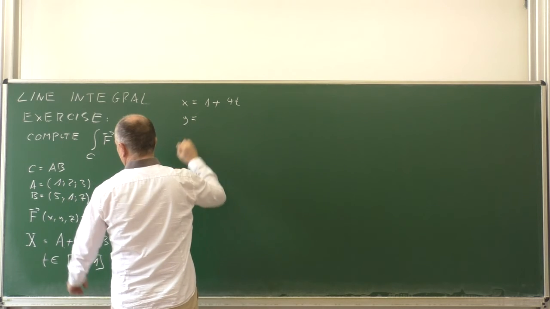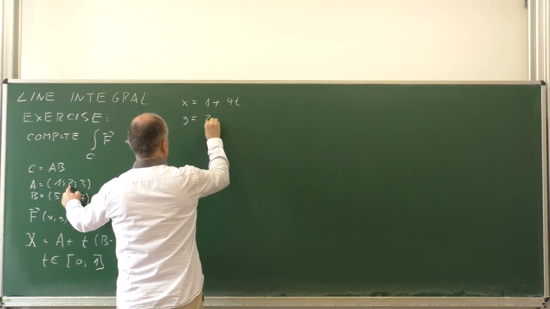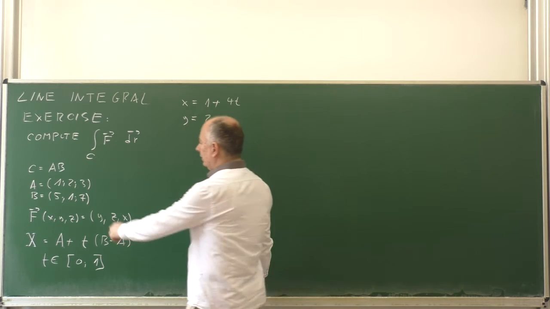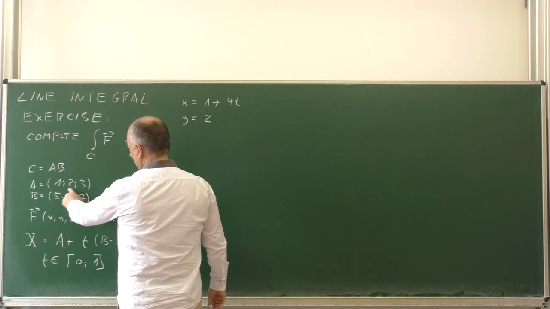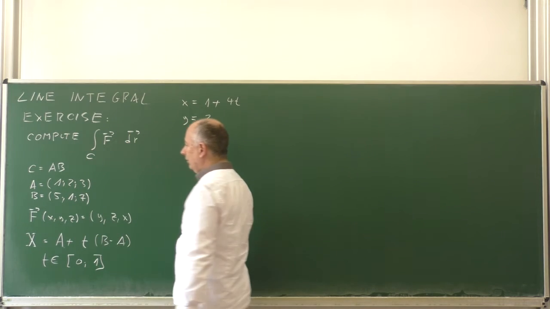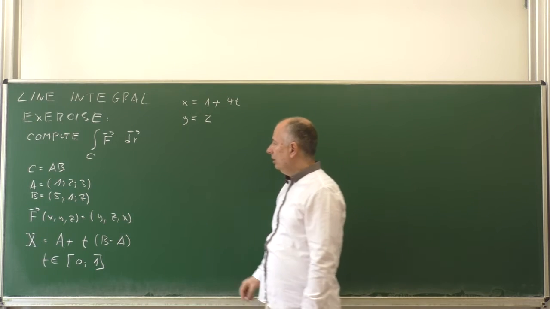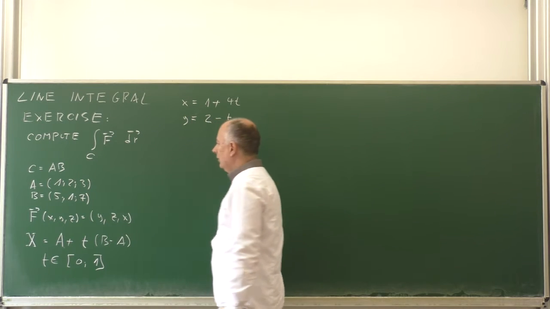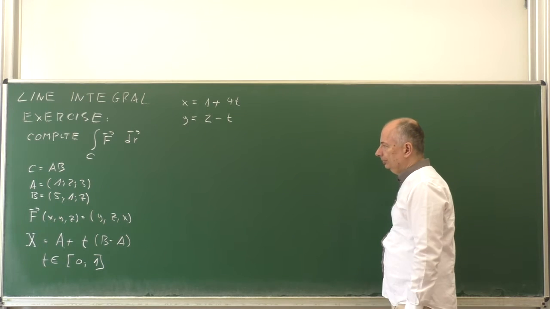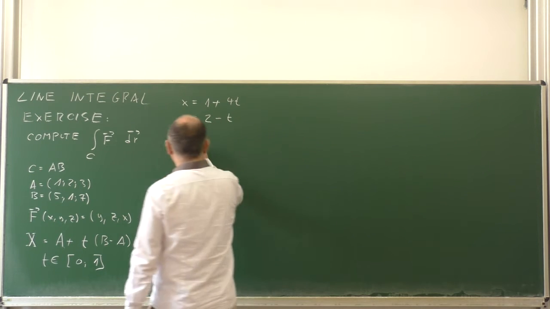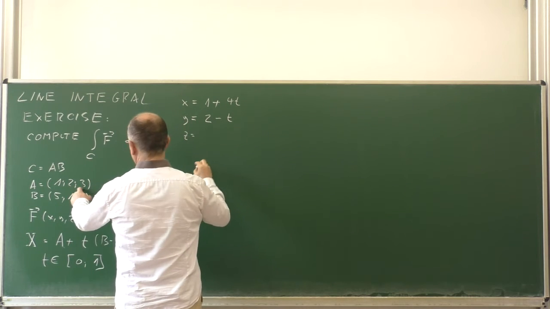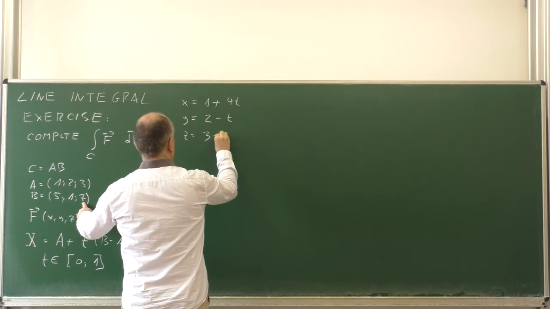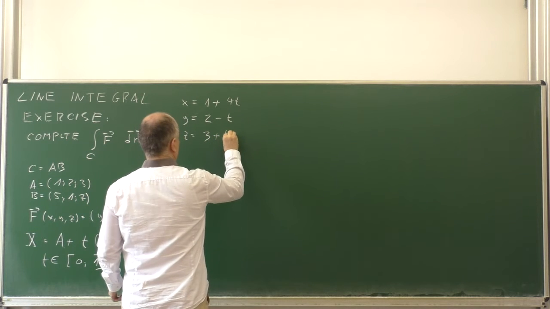Similarly, y starts at 2, the y coordinate of the point A, and when t reaches 1, y should decrease from 2 to 1, so the difference is minus 1, so y is 2 minus t. And finally, z starts at 3, and it should go up to 7, so we must add 4t.